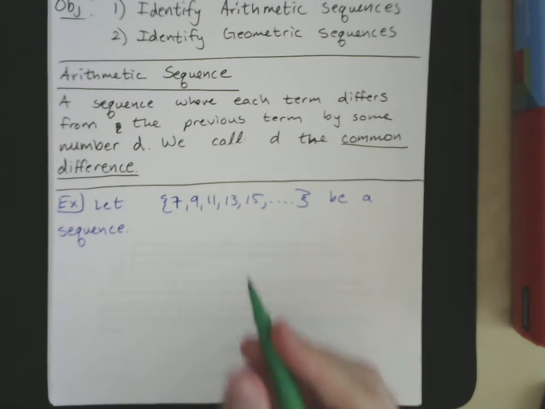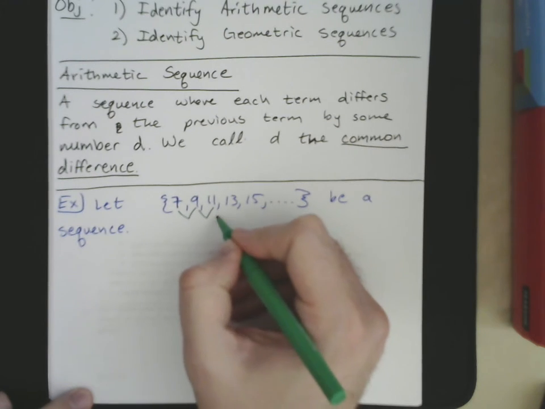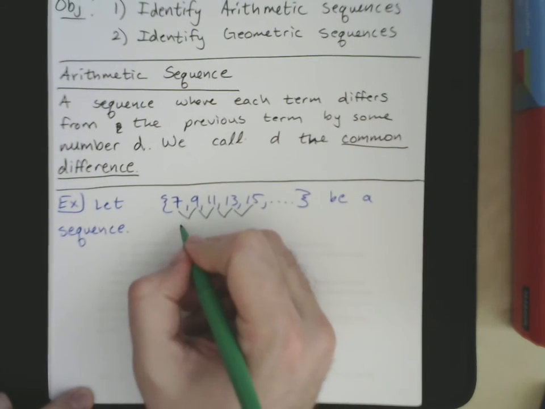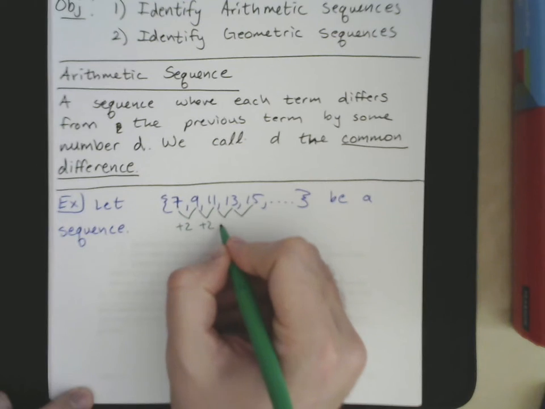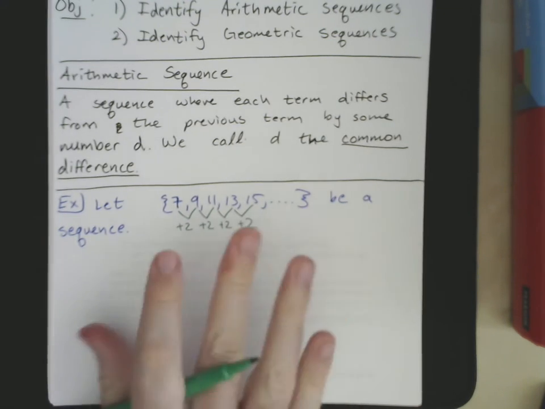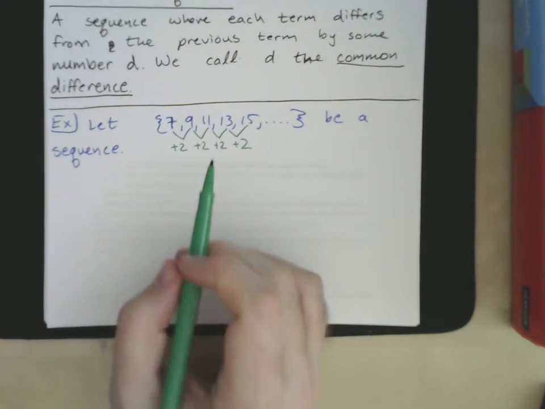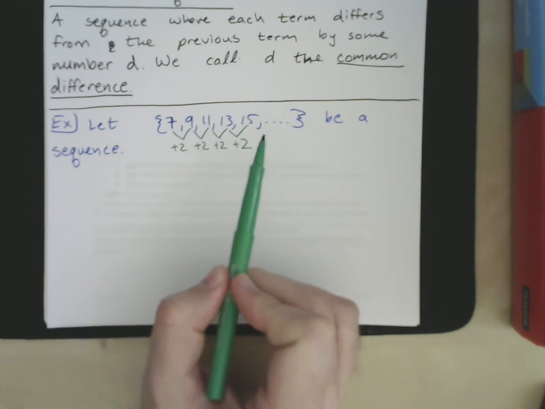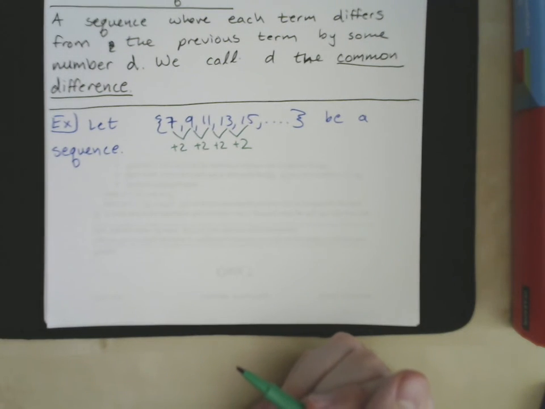And so we can see the common difference here. In each of these, we're going up 2, up 2, up 2, up 2. We touched on this at the end of the last section. We are adding the same number every time to get to the next one.